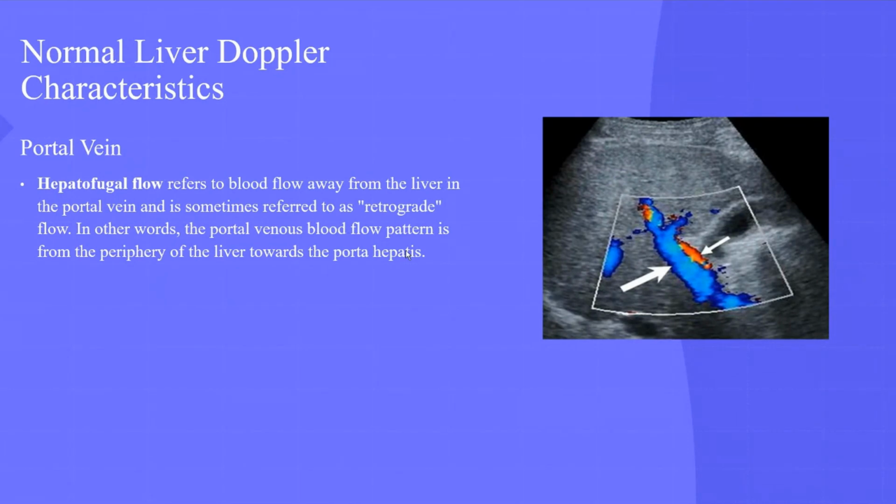Hepatofugal flow refers to the blood flow away from the liver in the portal vein and is sometimes referred to as retrograde flow. In other words, the portal venous blood flow pattern is from the periphery of the liver towards the porta hepatis. This occurs when the portal venous pressure is high, as in portal hypertension.